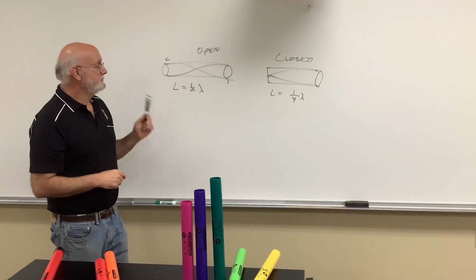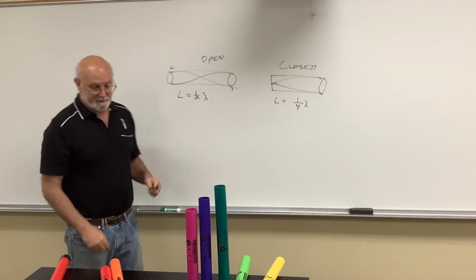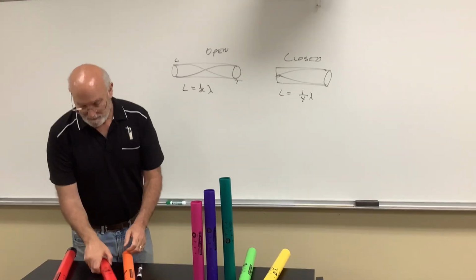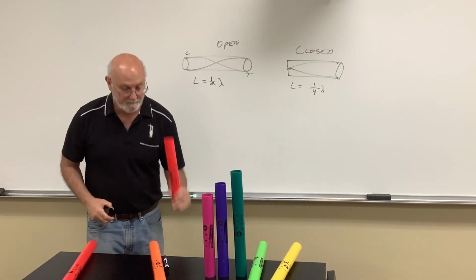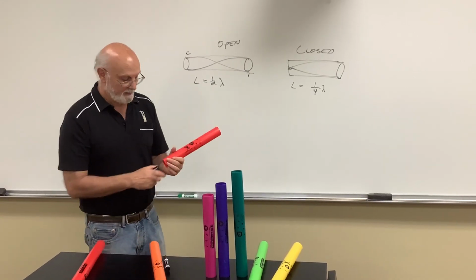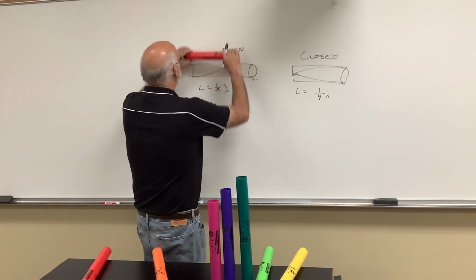Also take a look at the fundamental frequency for each one of these. Let's cap it and see what happens. I'm going to start with this one as the open. That's the note that I get.